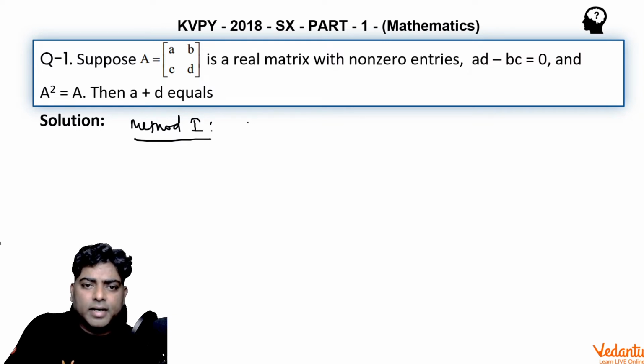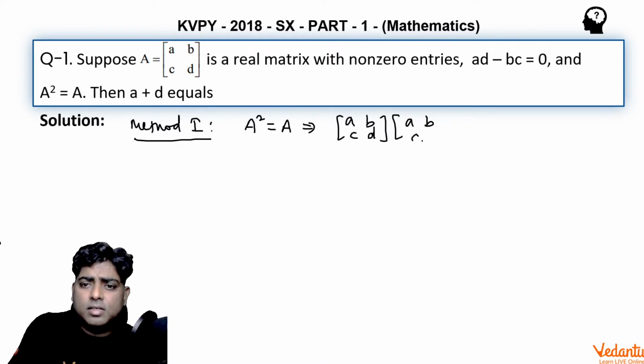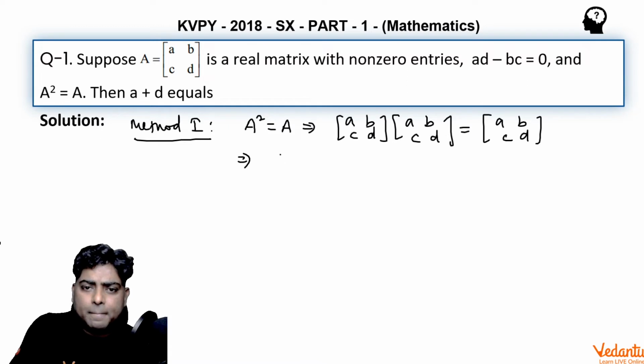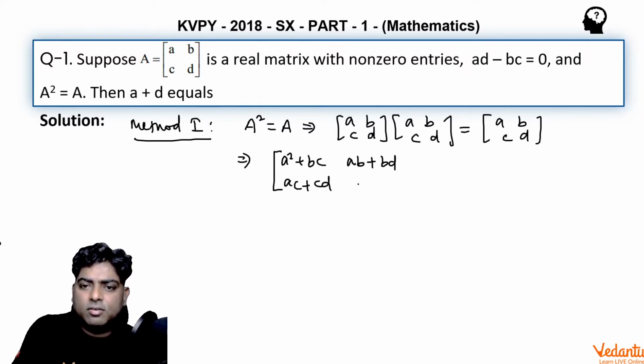A square is equal to A, meaning the matrix ABCD times ABCD is equal to ABCD. Multiplying out the left hand side, the first row and first column is A square plus BC, then AB plus BD, then second row and first column AC plus CD, then second row and second column BC plus D square, equal to ABCD.